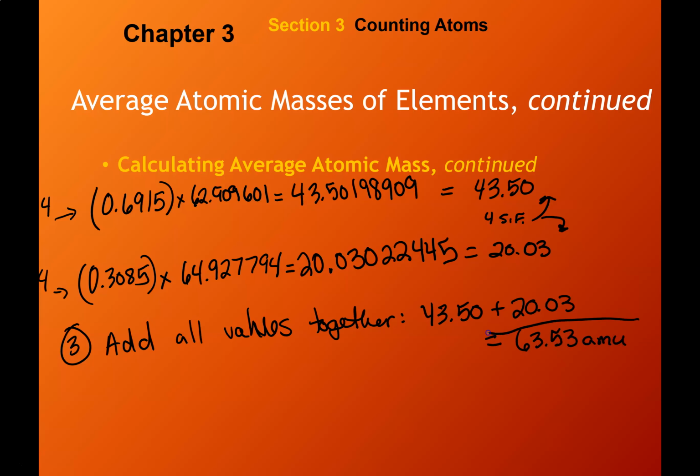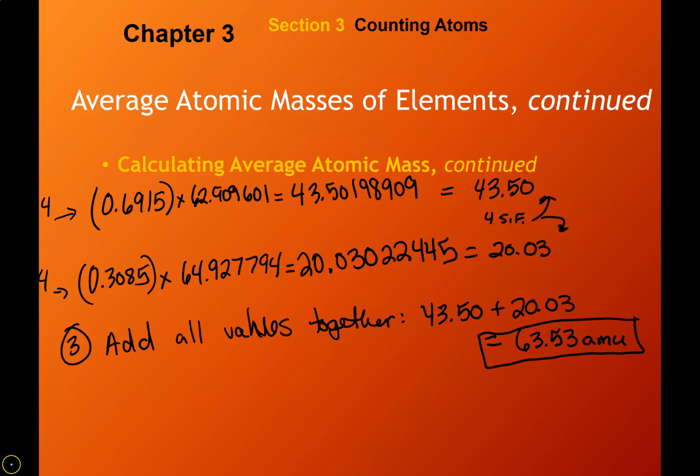And if you look at a periodic table, this is the number that should be underneath the copper atom. This is the average atomic mass of all of the isotopes that exist, and will give you the average atomic mass of something on the periodic table. This is the process that we're learning.